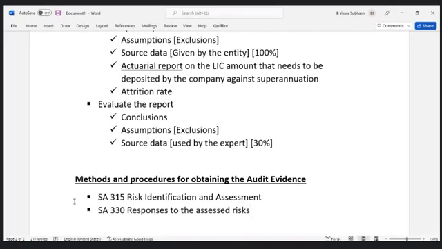The very first thing that you need to do is identify and assess the risks of material misstatement. Once you have done that, you know that these are the responses that you need to do. When you talk about responses, that is the actual audit that we are doing.